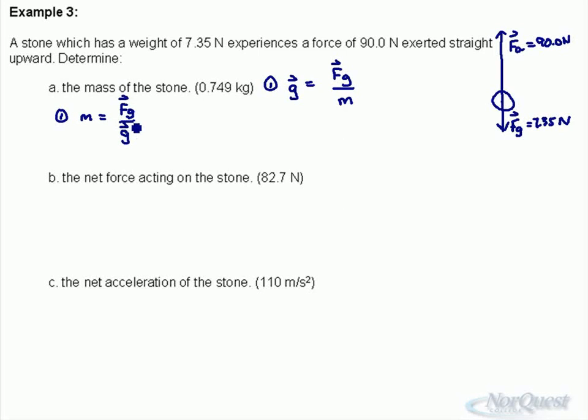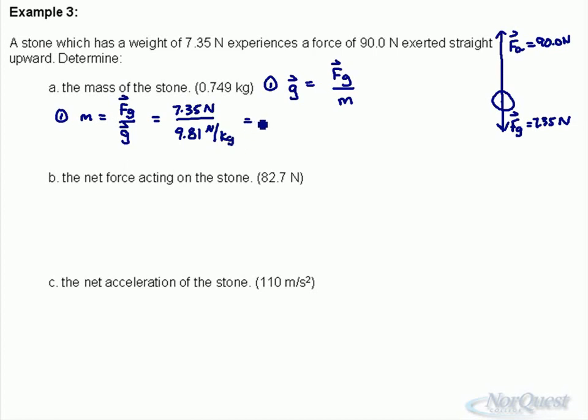We know the force due to gravity. This one is irrelevant to the net force. We're not using net force in this question. We're using force due to gravity. So it's 7.35 newtons divided by 9.81 newtons per kilogram, which is the other units for acceleration.